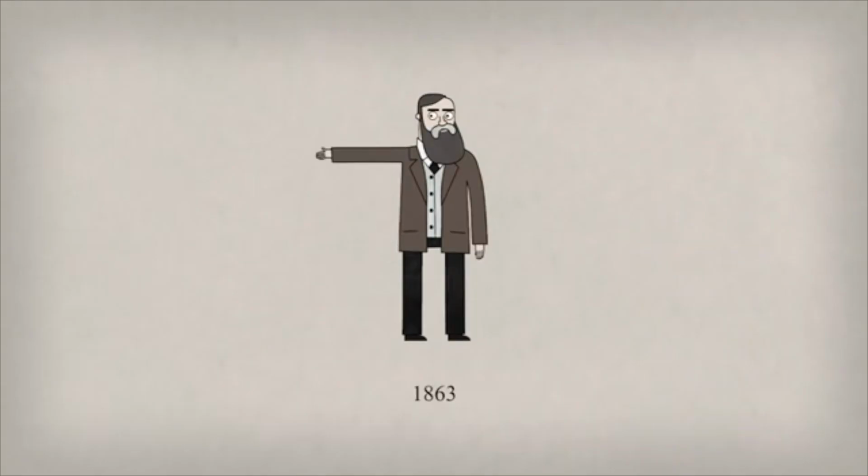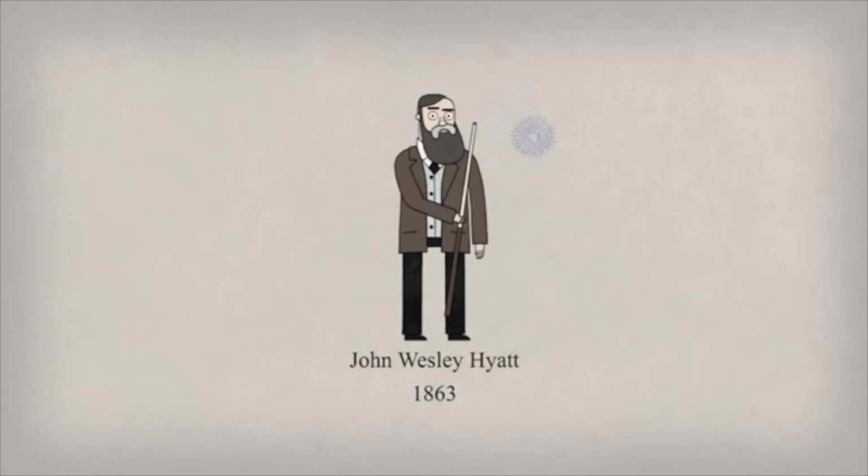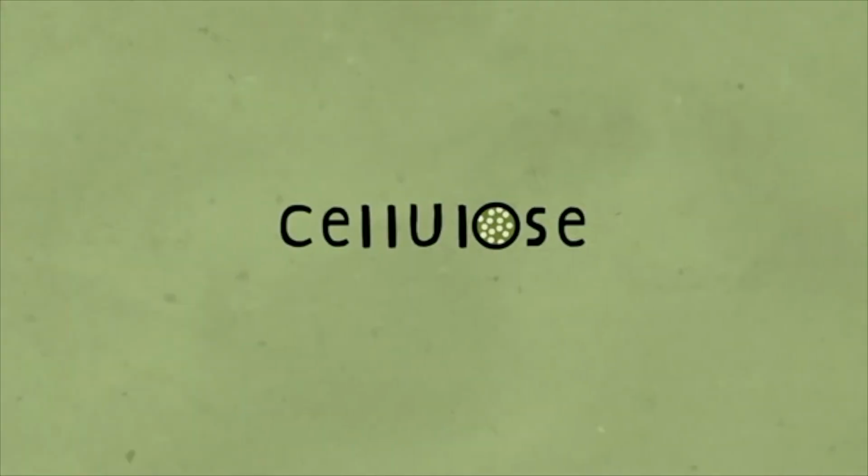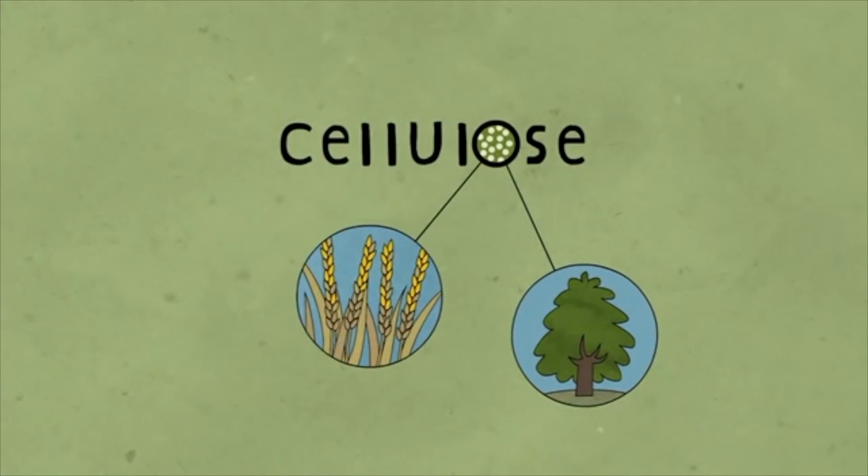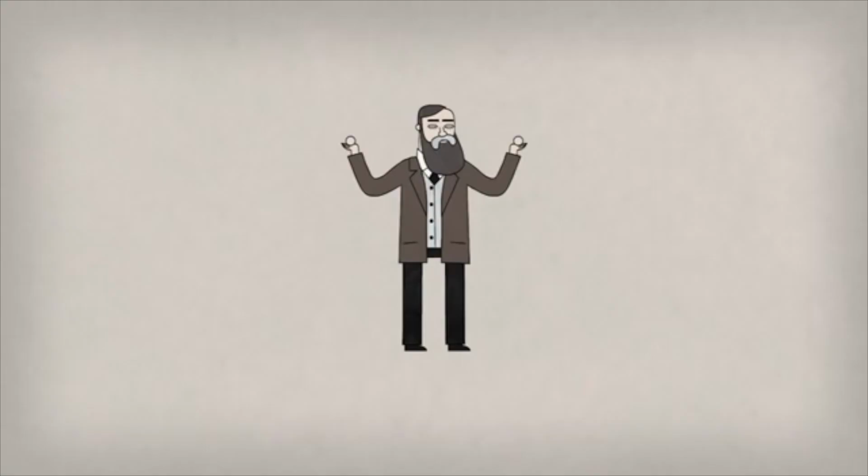So, in 1863, an American named John Wesley Hyatt took up the challenge. Over the next 5 years, he invented a new material called celluloid, made from cellulose, a compound found in wood and straw. Hyatt soon discovered celluloid couldn't solve the billiard ball problem.